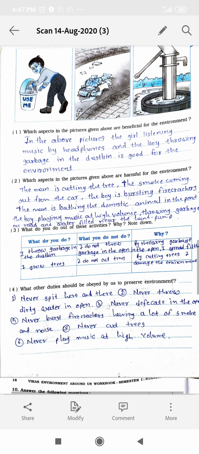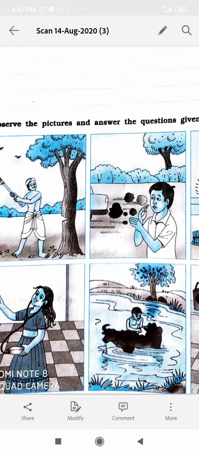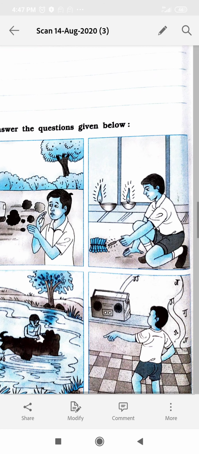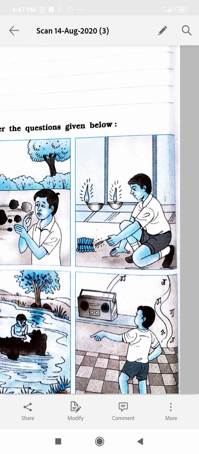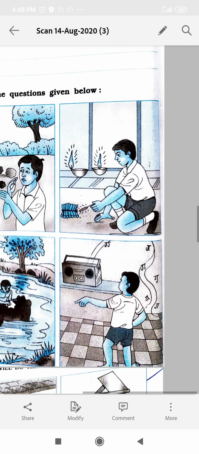So let's see. In the first picture, the man is cutting the tree. It is harmful for the environment. Secondly, the smoke coming out from the car is also harmful for the environment. Third, the boy bursting firecrackers is also harmful. Then the man bathing the domestic animal in the pond is also harmful for the environment.